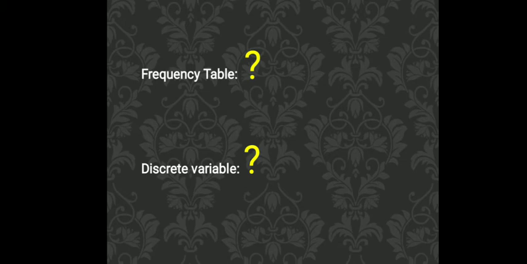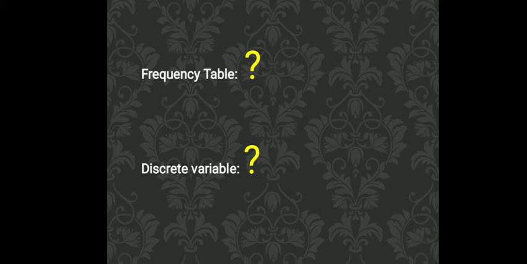The second term is discrete variable. Basically, a variable is an attribute that describes a person, place, thing, or idea. The value of the variable can change in quality, quantity, or size.